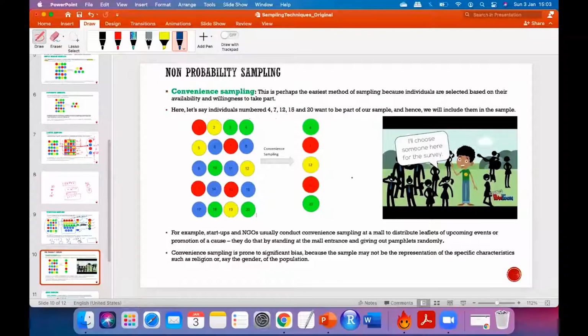So what I did is, based on my convenience and for the people who wanted to be a part of my survey or my sampling, I chose them instead of going and visiting the places. This is, as the name suggests, as per my convenience, and hence it is called convenience sampling. Is it clear?